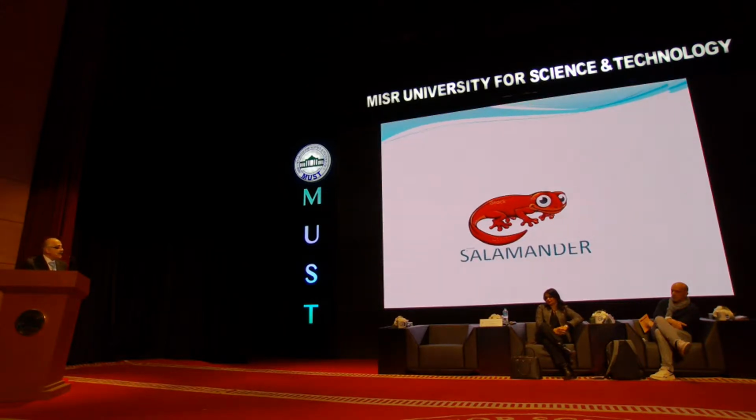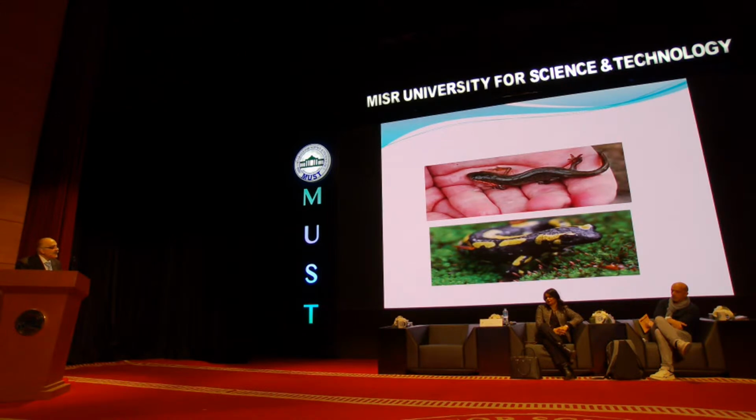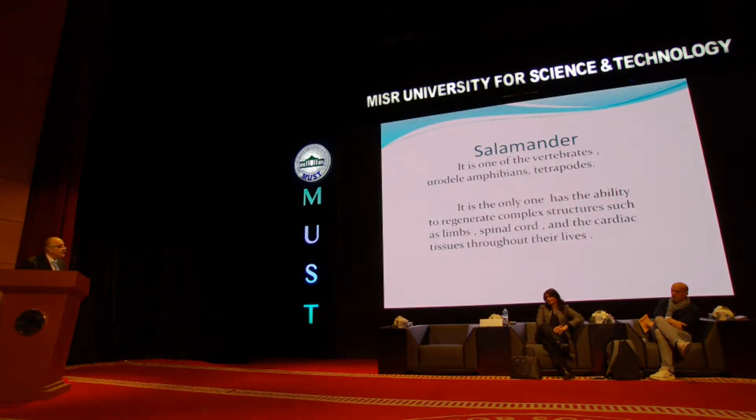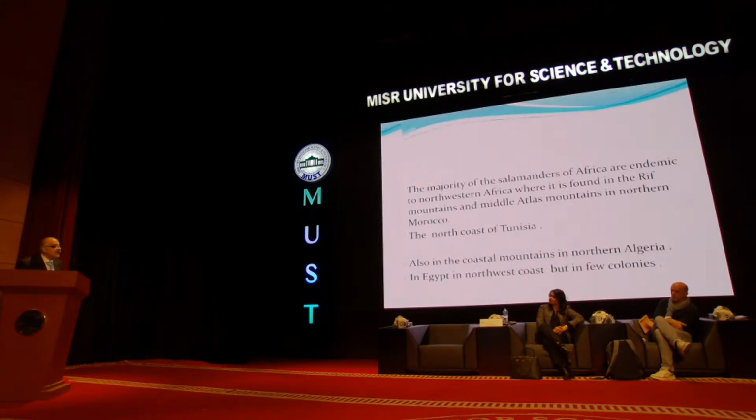Now, what is salamander? This one piece of salamander. This is a lot of species of salamander. Salamander is one of the vertebrate urodele amphibian tetrapods. It is the only one that has the ability to regenerate complex structures such as limbs, spinal cord, and the cardiac tissue throughout their lives.